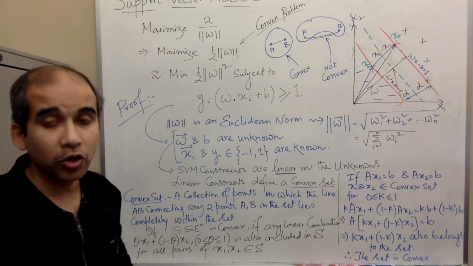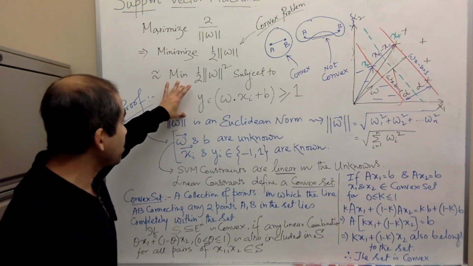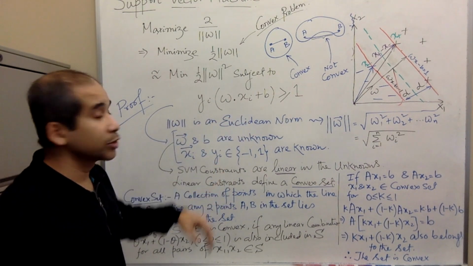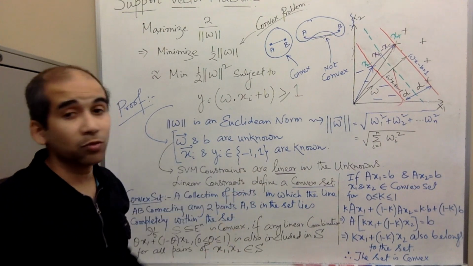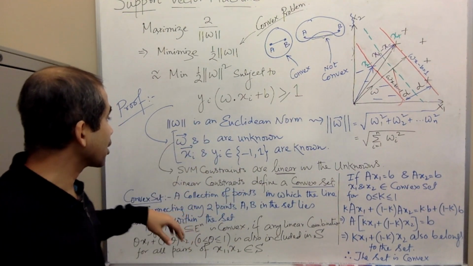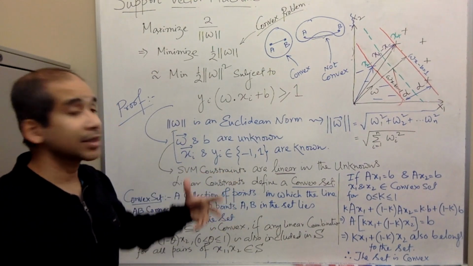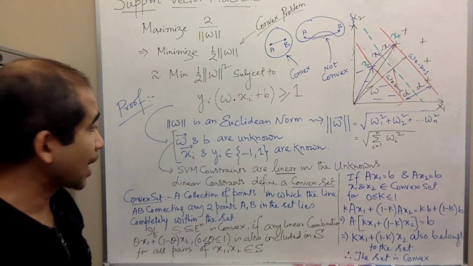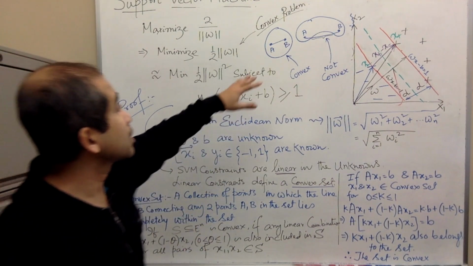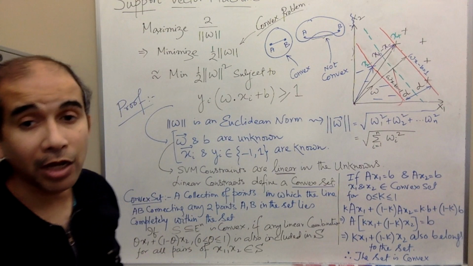That's the objective of solving this optimization problem. But xi, which is a vector, and yi, which is a scalar taking values -1 and 1, are known. Here w is a vector and b is a scalar, but the SVM constraints are linear in the unknowns, they form a line. So linear constraints define a convex set. We have already said that these linear constraints define a convex set.